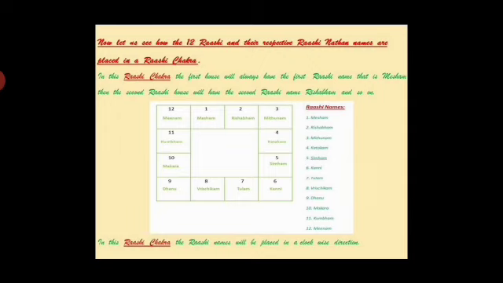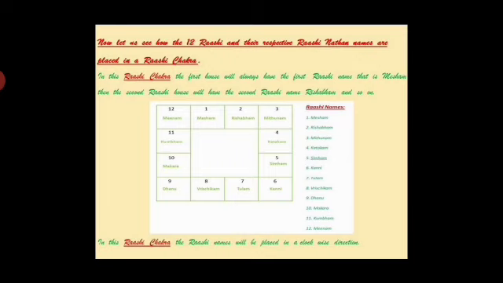Now, let us see how the 12 Rashi and their respective Rashi Nathan names are placed in a Rashi Chakra. In this Rashi Chakra, the first house will always have the first Rashi name, that is Mesham. Then the second Rashi house will have the second Rashi name, Rishabham, and so on.